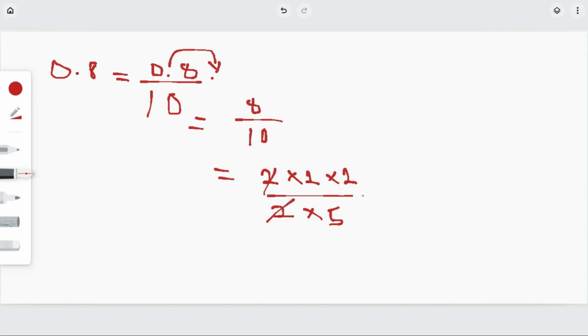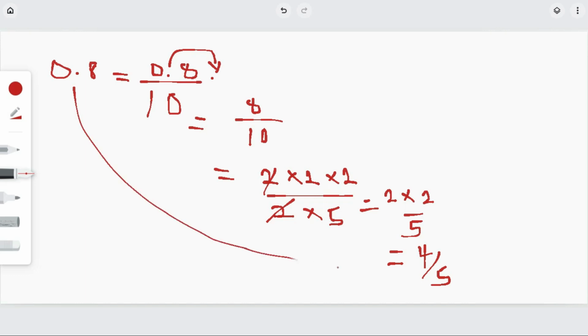So what we have now is 2 times 2 over 5, so that will be 4 over 5. So 4 over 5 is our answer. That means 0.8 to fraction is 4 over 5. You can see that I don't use 1 here because I already know what I want to use, so I just multiply 2 times 2 over 5. So you can still get the answer if you do it correctly.